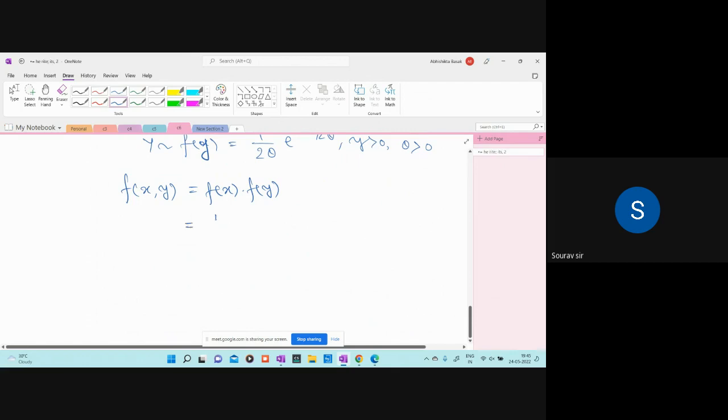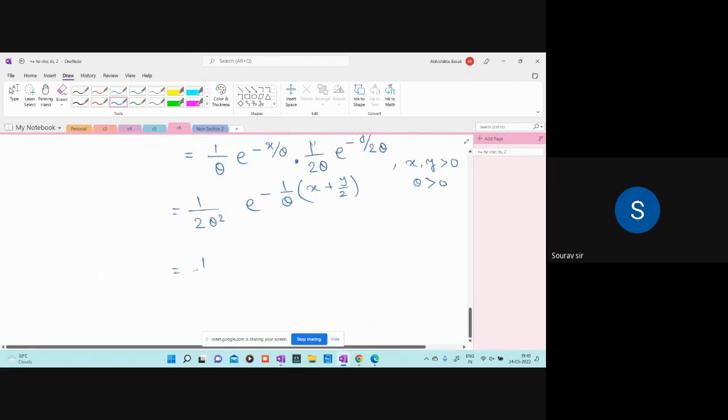So that is basically 1 by theta e to the power minus x by theta into 1 by 2 theta e to the power minus y by 2 theta, where x comma y both greater than 0 and theta greater than 0. That is going to give me 1 by 2 theta square e to the power minus 1 by theta times x plus y by 2.